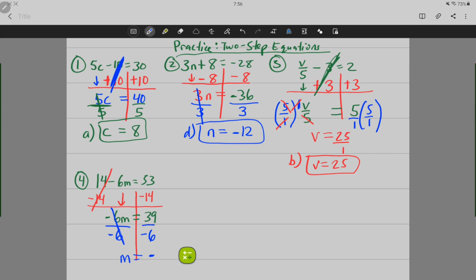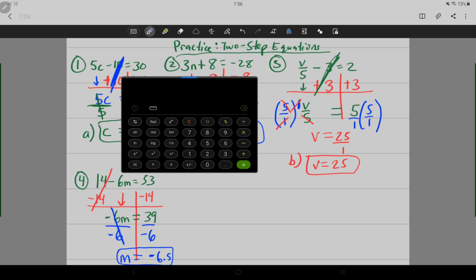So negative 39 divided by 6 should be negative 6.5, but let's just double check that as we should when we're doing our work. So 39 divided by negative 6, yep, equals negative 6.5.